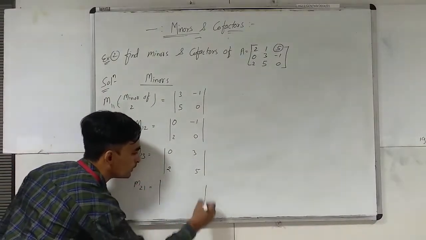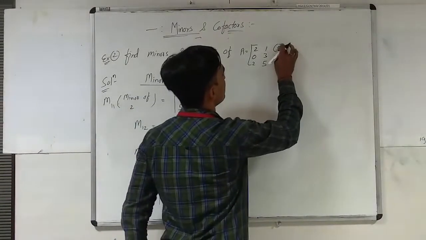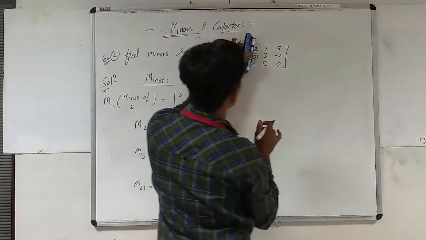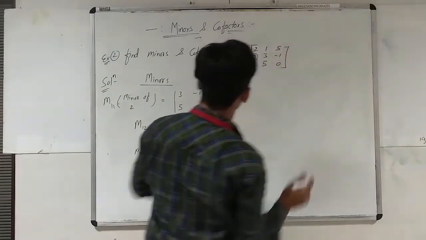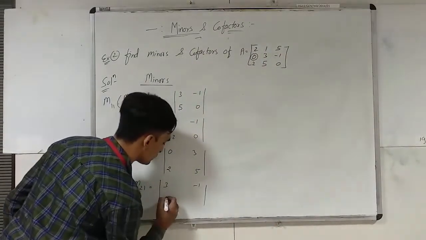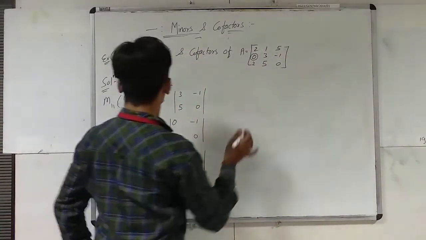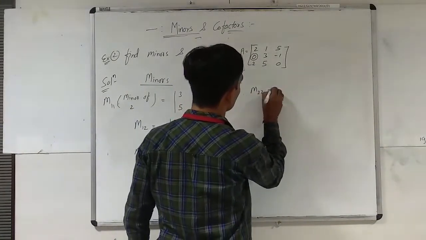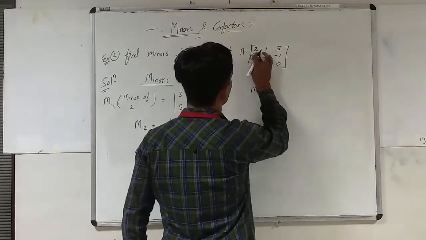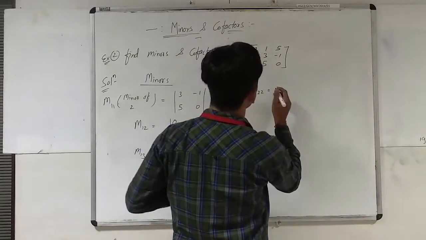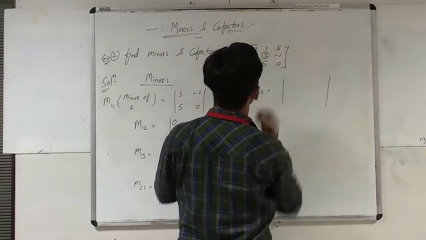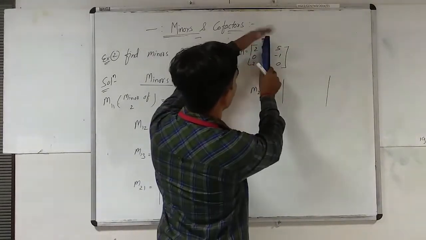Same way, M21. This entry is second row and first column. So 3 minus 1 5 0. Same way, M22, second row, second column.